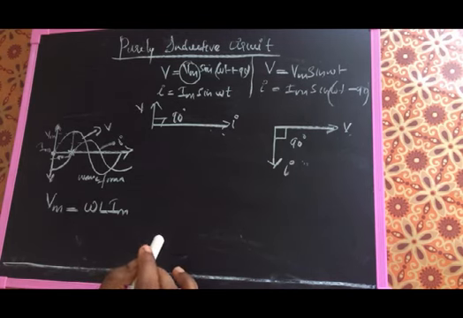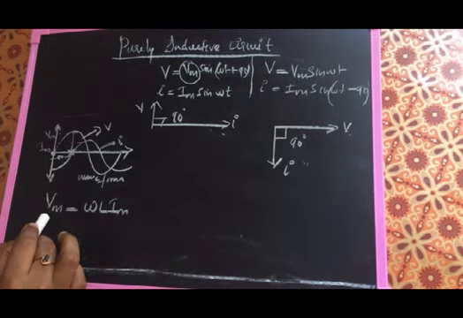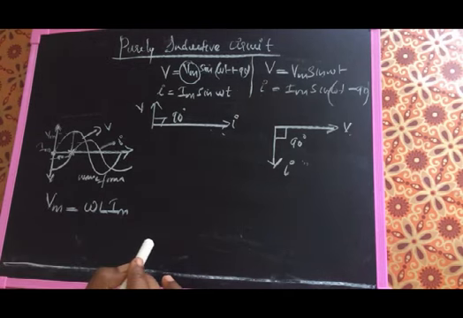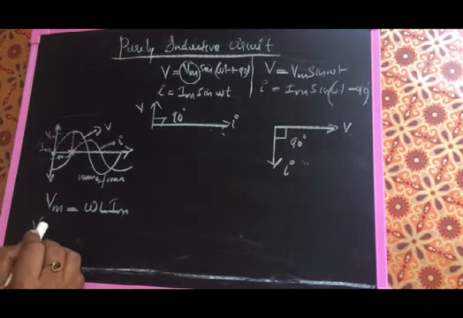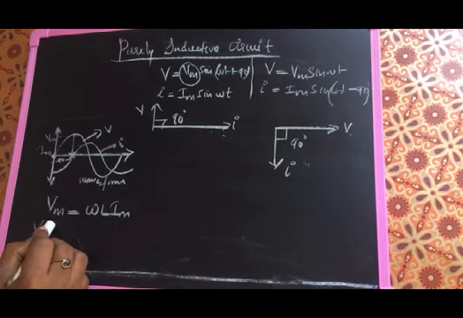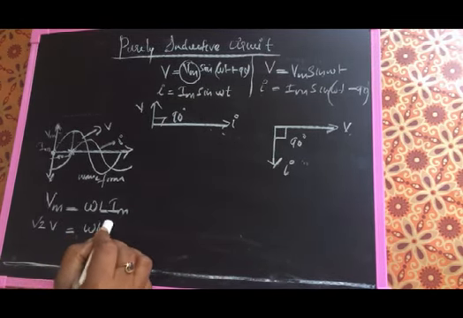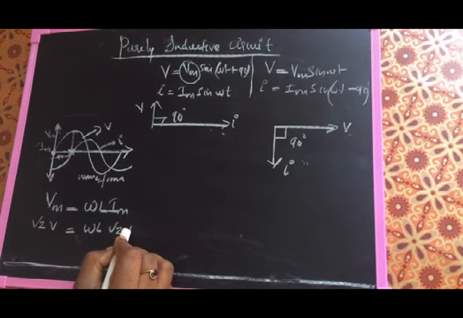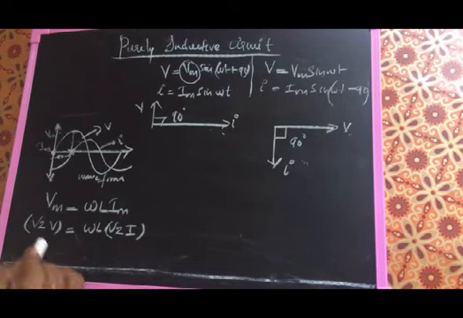You can check with the previous derivation, that is Vm = omega L Im. Vm and Im are the maximum value of voltage and maximum value of current. That can be replaced as root 2 into V = omega L into root 2 into I.